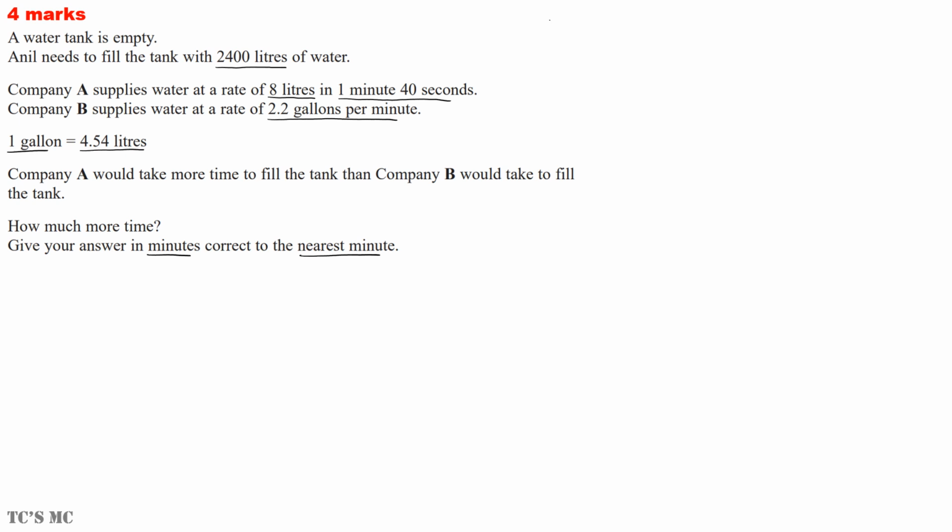I am going to start with Company A. We have litres and we have time. The rate is 8 litres in 1 minute 40 seconds. I am going to convert the time into seconds. So we have 60 seconds, add 40 seconds, which is 100 seconds.